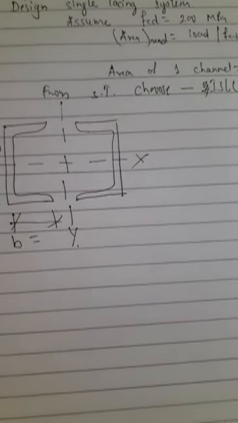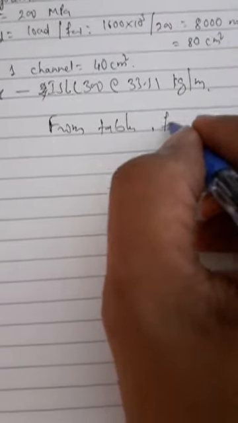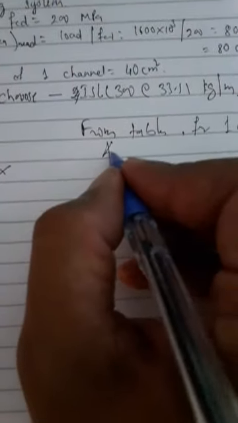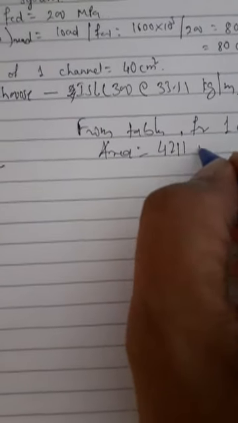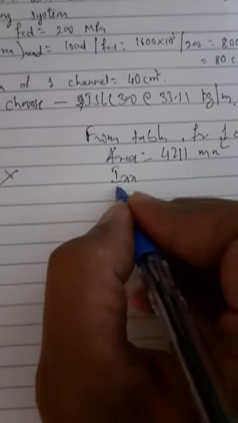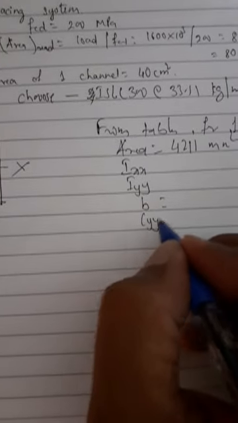Get this value B. Now from steel tables, for one channel, area is 42.11 or 4211 mm square. Let us write the values of small IXX, IYY, value of B and CYY.